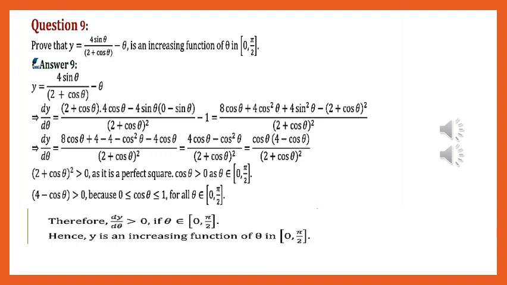So this is also greater than 0 because 4 minus cos theta, least is minus 1, greatest is 1. So we proved dy by d theta is greater than 0 when theta belongs to 0 to pi by 2. So y is an increasing function of theta in closed interval 0 to pi by 2.